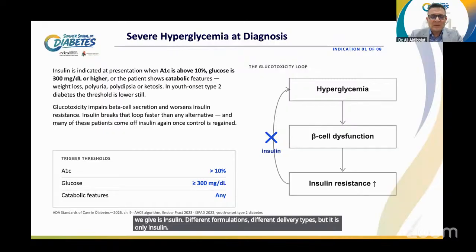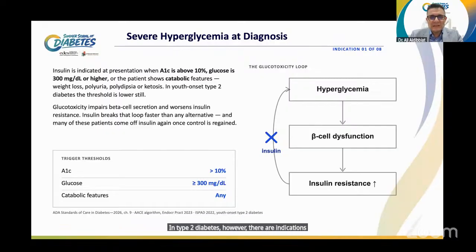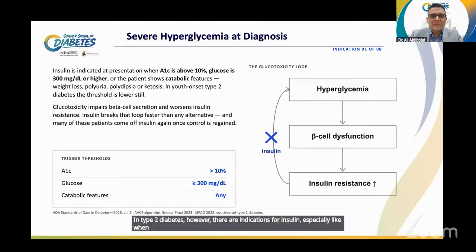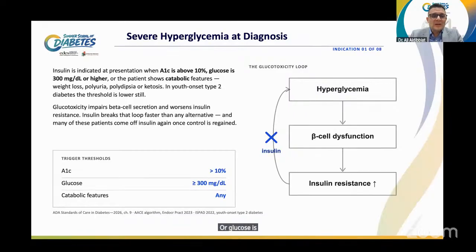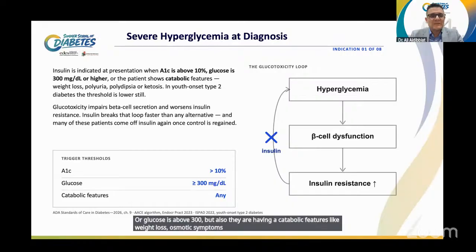In type 2 diabetes, however, there are indications for insulin, especially when there is severe hyperglycemia, when the patient is probably at the outset of diagnosis or has decompensated on therapy, when the A1C is above 10 or glucose is above 300, but also when they have catabolic features like weight loss, osmotic symptoms, polyuria and polydipsia, or ketosis.